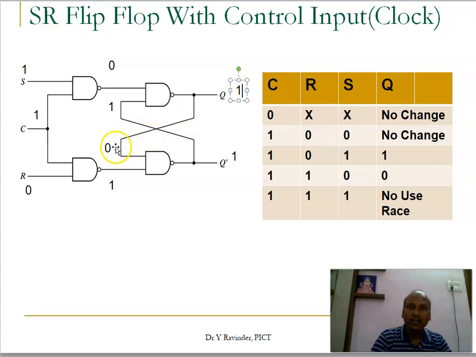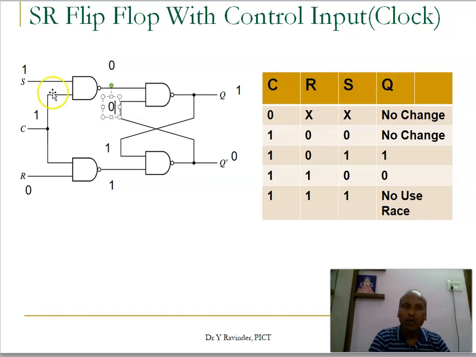If this is 1 and this is 1, this will automatically become 0. So when the set is 1, reset is 0, the output becomes 1.